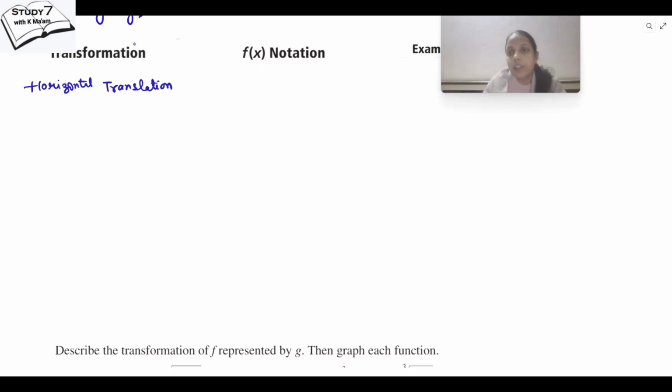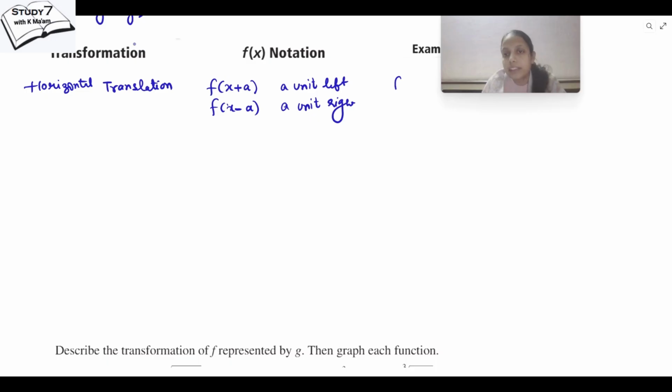Horizontal translation means you are shifting left or right. If you change x to x plus a, that means it is a units left. If you change x to x minus a, where a is a positive number, then it is a units right.